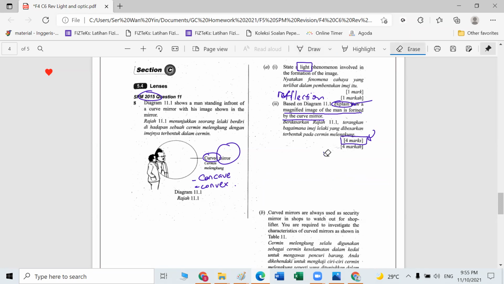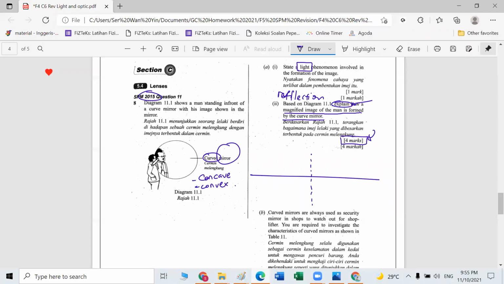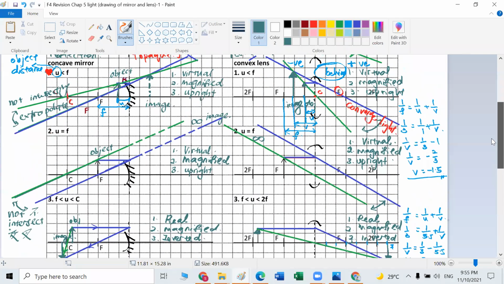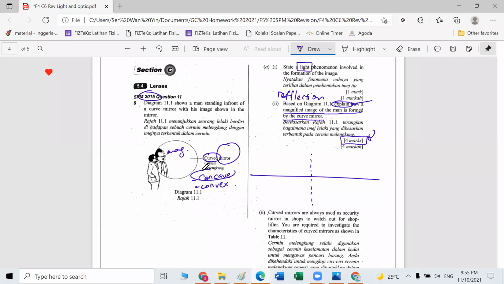Always draw the normal at the center, principal axis first. Then we can check back our ray diagram. See, it's very close, then you can see it enlarged, magnified. Now, very close and enlarged, so it will be a concave mirror.